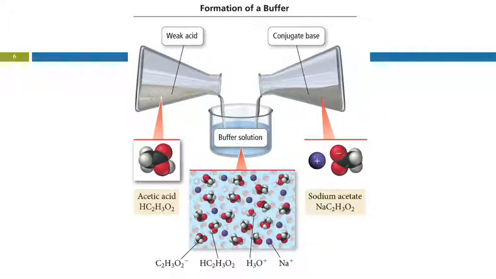If you add sodium hydroxide to this, then the acetic acid will react and neutralize it. If you add acid to this, the acetate ions will react and neutralize the acids. So whatever you throw at it is going to counteract that and resist pH changes.